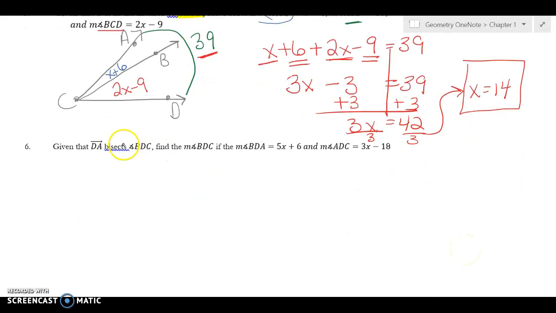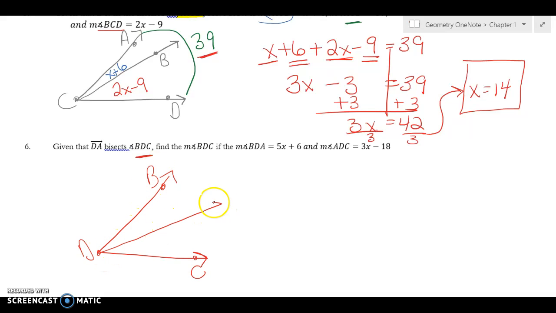All right, last problem. Again, I'm going to draw my angle, and it says angle BDC. Now this one says it bisects, and then underline that it bisects. Well, bisect means it cuts it in half, so I'm going to put it in the middle. And again, when it cuts it in half, I put the arcs to know that they're the same.